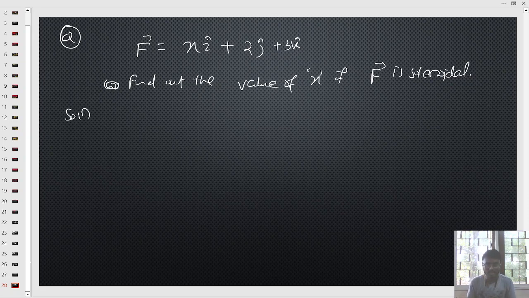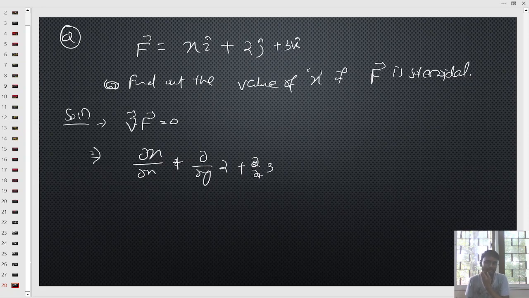So divergence 0 means del dot F is 0. So I can write del upon del x of x plus del upon del y of 2y plus del upon del z of 3z. Students, I have given these questions from my mind, so let's suppose it is 2y and 3z. What do you get on differentiating? Del upon del y of 2y, del upon del z of 3z, is equal to 0.